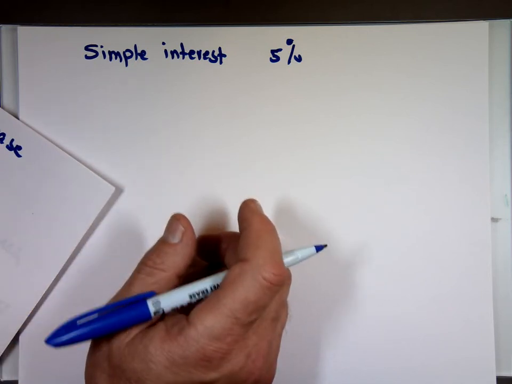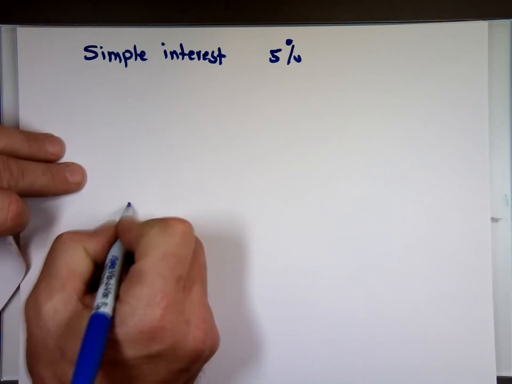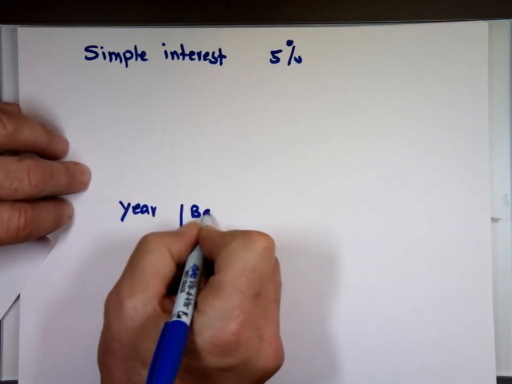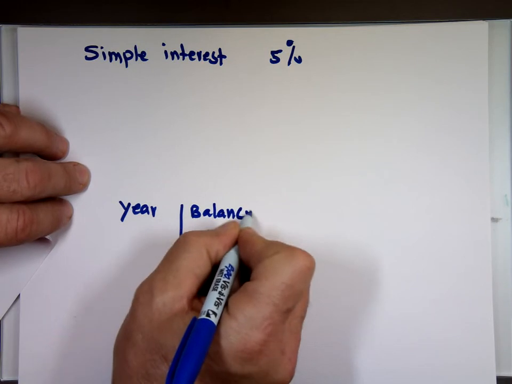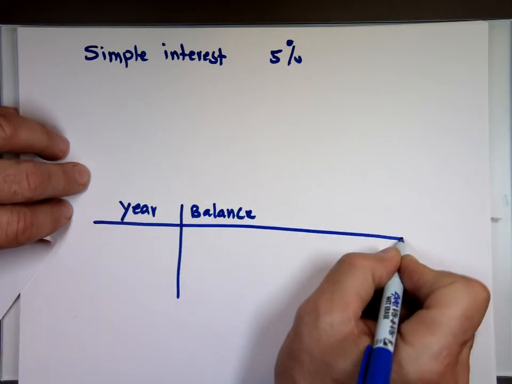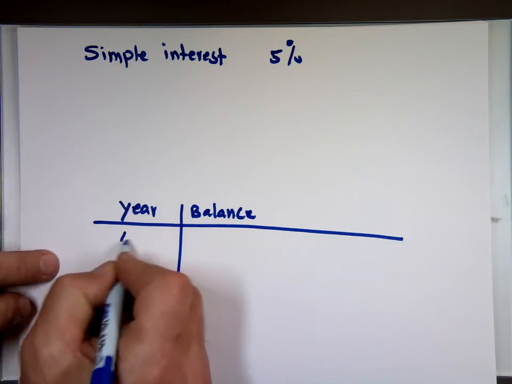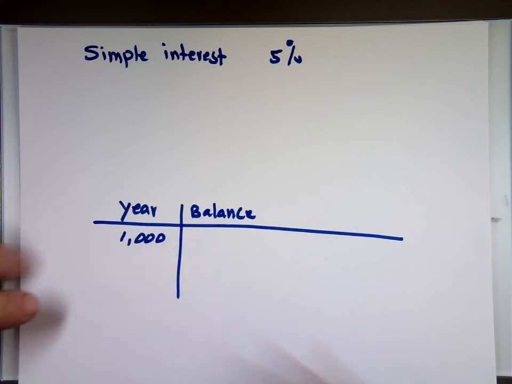So let's make a chart here, the year and the balance. 5% interest. Let's say you have $1,000. You borrow $1,000 from Uncle Joe at 5% interest, simple interest. Remember, if you don't pay him, Uncle Joe will break your legs.